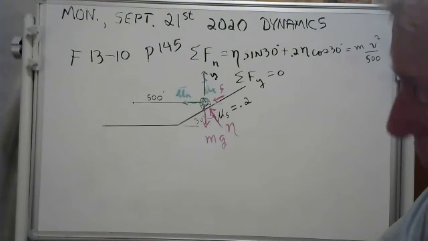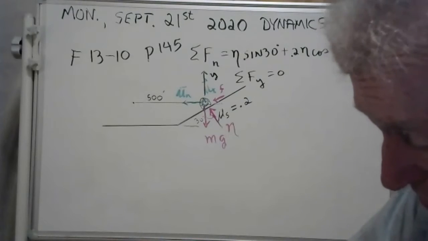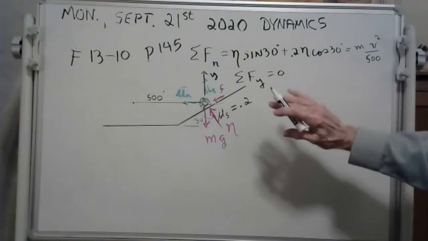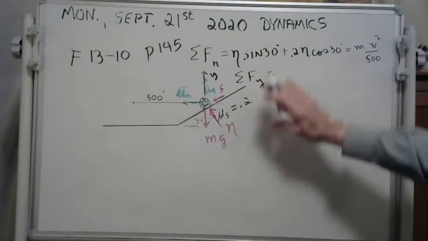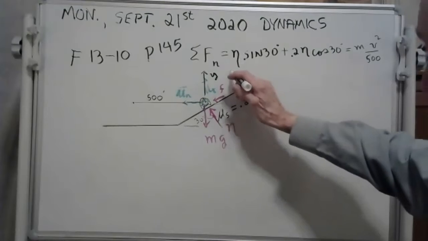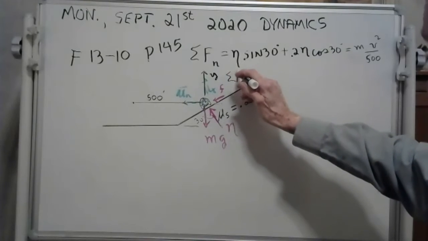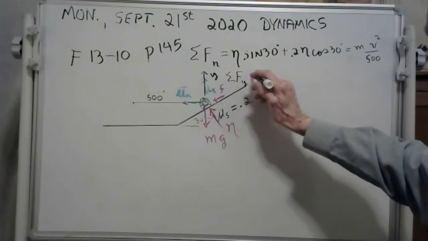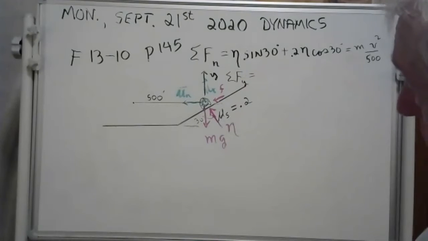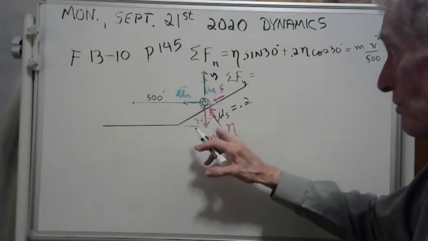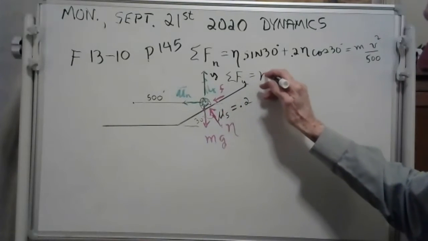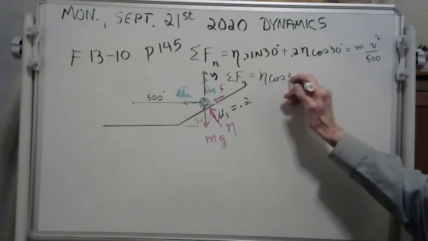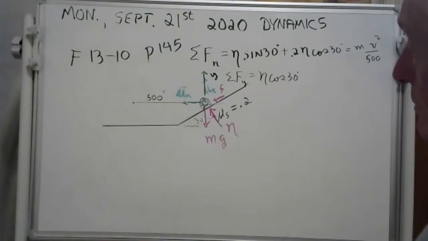So what we're going to do is write the sum of the forces in the y direction. Well, let's see what we got here. In the y direction, we have, let me scoot that over. Probably going to need the room. In the y direction, we have, hey, this has a component. You see this normal? Can you see it has a component of normal cosine of 30 degrees going up?